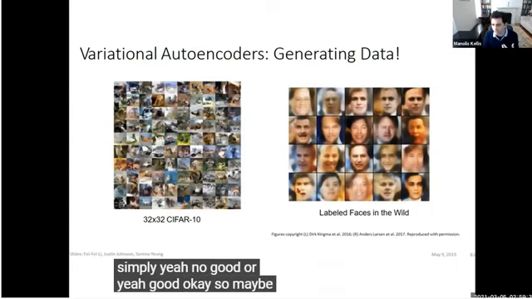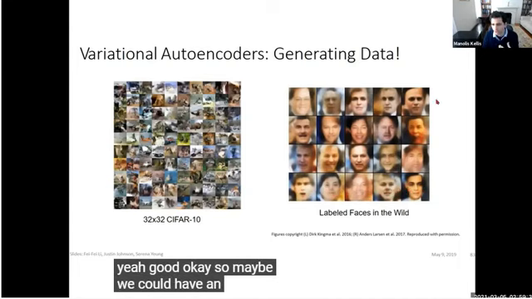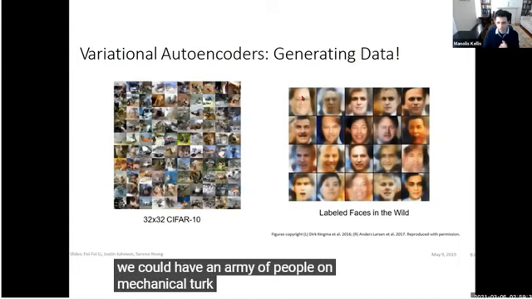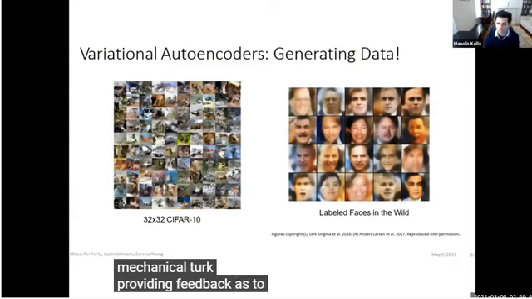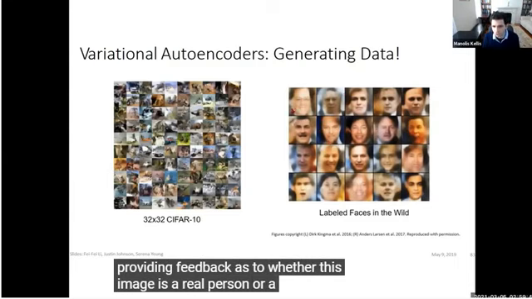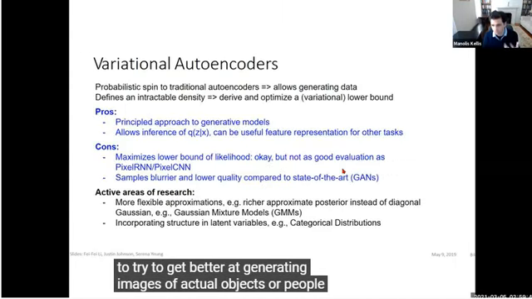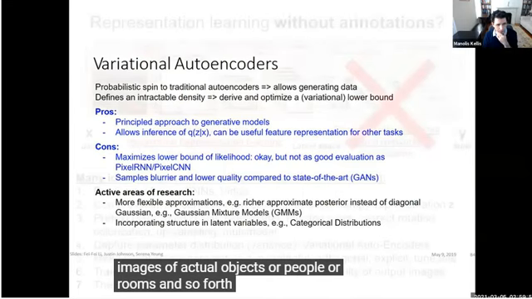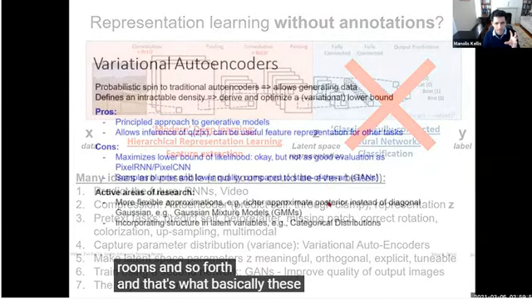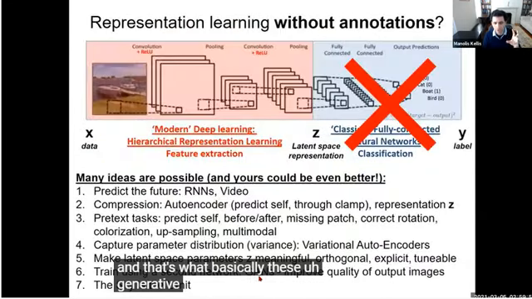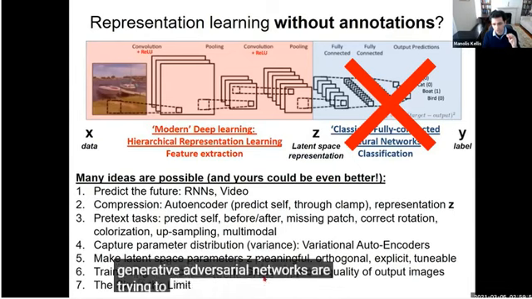Okay, so maybe we could have an army of people on Mechanical Turk providing feedback as to whether this image is a real person or a fake person, to try to get better at generating images of actual objects or people or rooms and so on and so forth. And that's what basically these generative adversarial networks are trying to do.